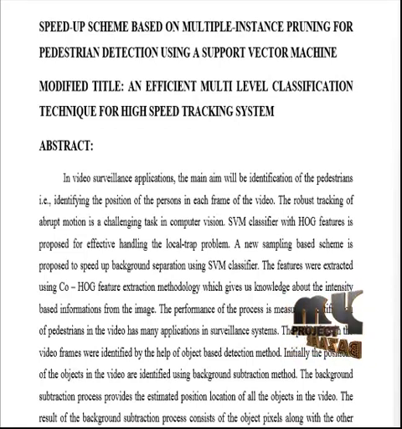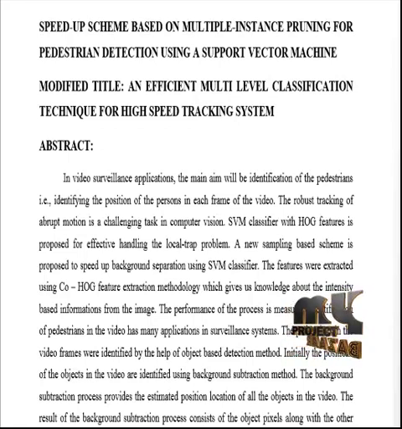Tracking of the abstract motions is a challenging task in computer vision. SVM classification combined with HOG features was proposed for effective handling of the local trap problem, that is identification of the individuals.